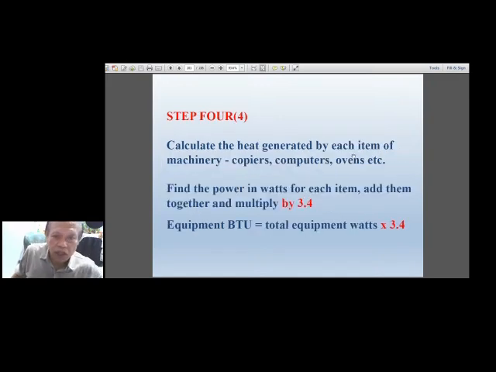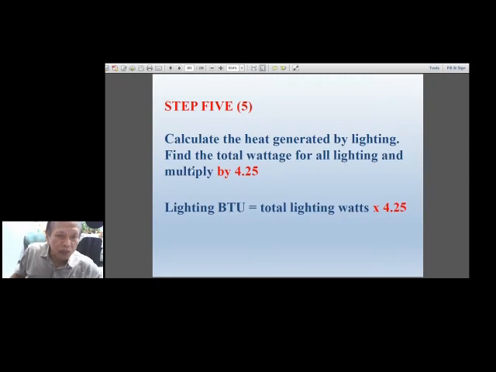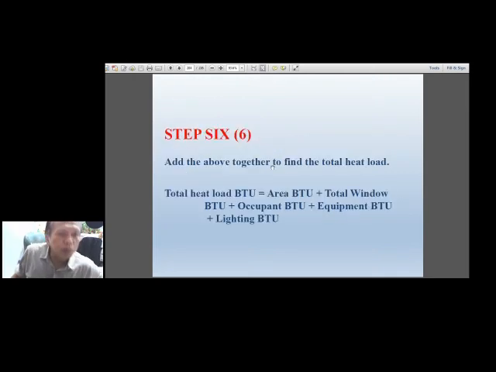Then, calculate the heat generated by each item, machinery, copier, computer, ovens. Find the power in watts. Add them together and multiply by 3.4. Equipment BTUs, total equipment watts by 3.4. So, calculate the heat generated by lighting, get the wattage, and multiply by 4.25. So, lighting BTU times 4.25.